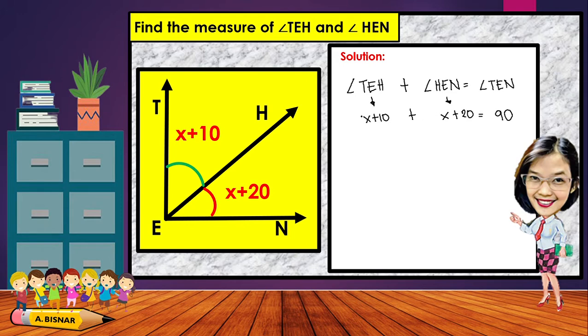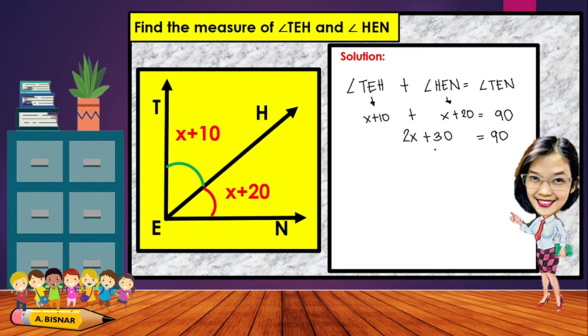So 1x plus 1x, the answer is 2x. Next is to add the constants. So you have 10 plus 20, and the answer will be 30 is equal to 90. So let's just copy this.